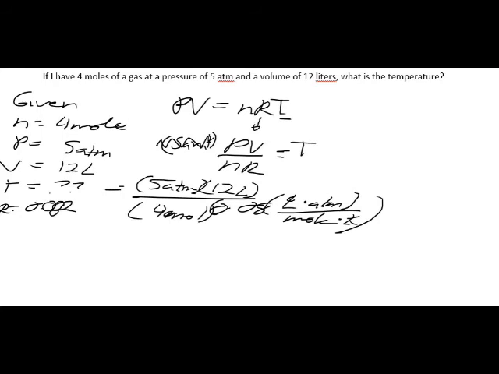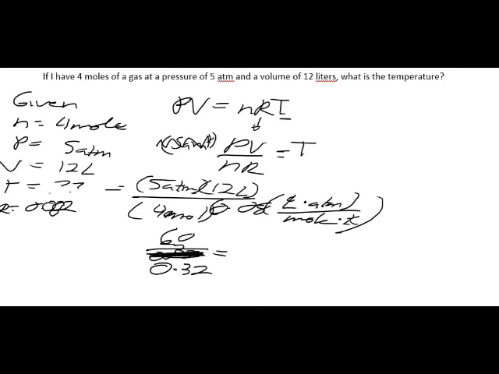Now that we have this, let's multiply. So 60 divided by 4 times 0.082, which is 0.3, sorry, 0.32.